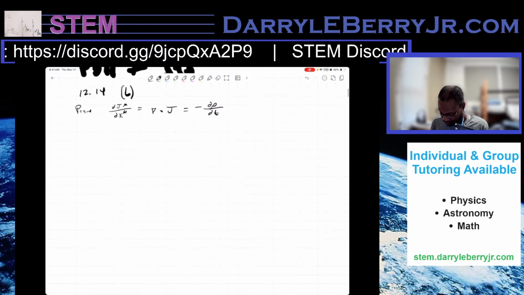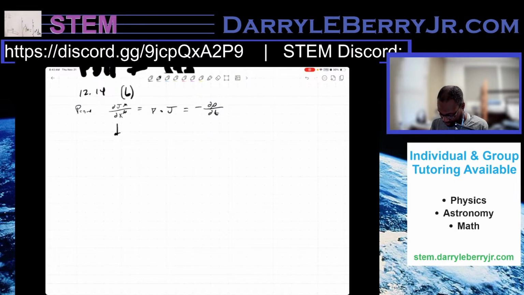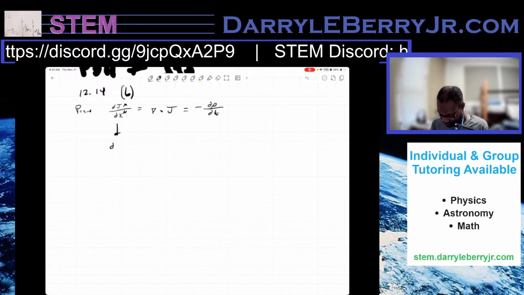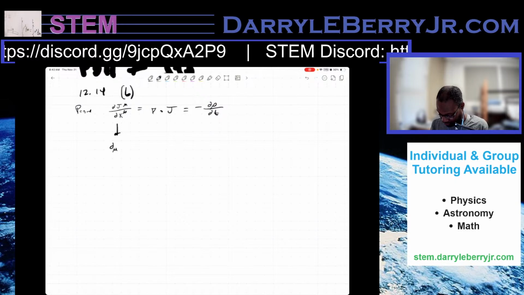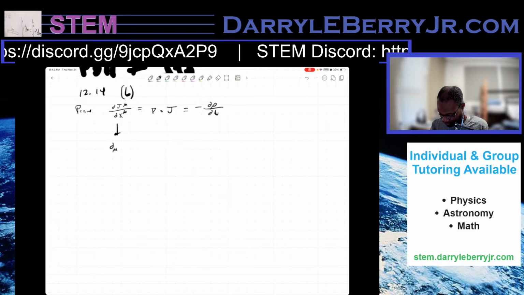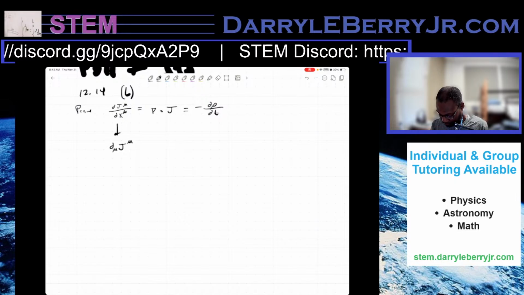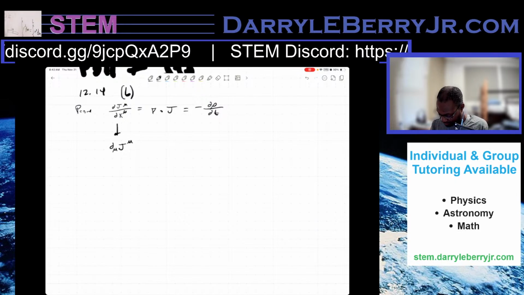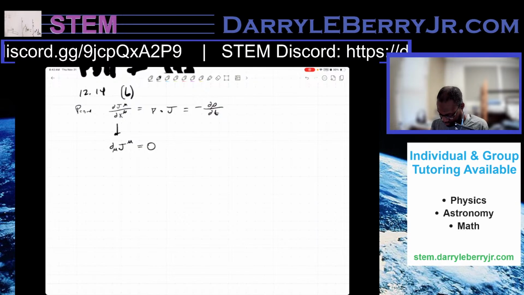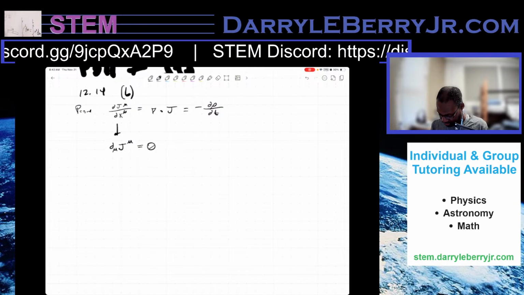So this can be simplified as partial with a lower mu, J upper mu, and it should be equal to 0 even though the text doesn't mention it.